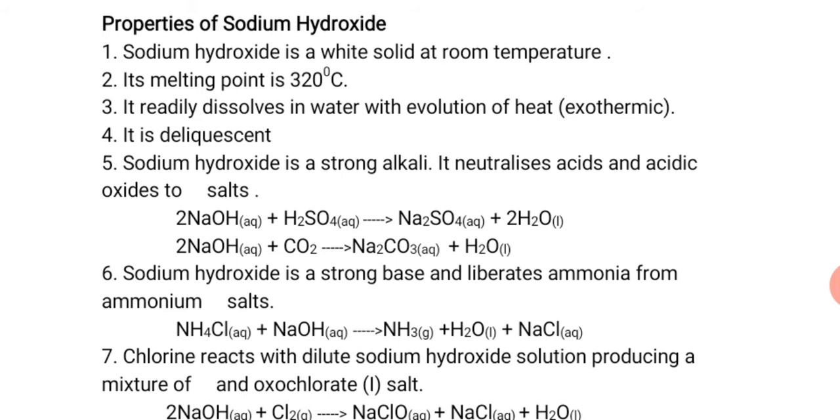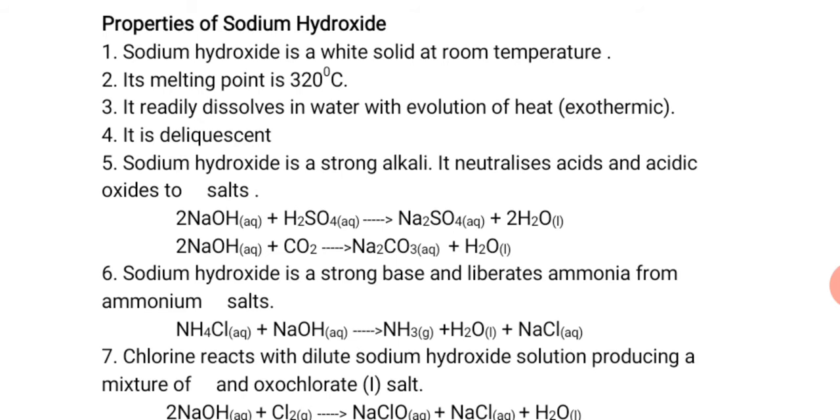It readily dissolves in water with evolution of heat, meaning that it is an exothermic reaction. 4. It is deliquescent. 5. Sodium hydroxide is a strong alkali. It neutralizes acids and acidic oxides to salts.